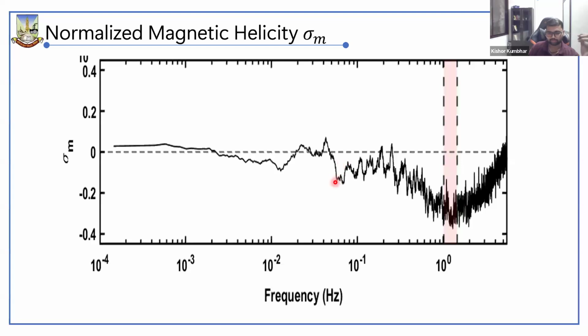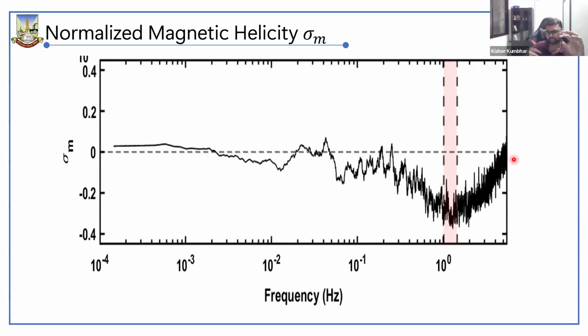On average, in the inertial range, the magnetic helicity is close to 0. However, as we move to the dissipative range, above 0.1 hertz, we see that the magnetic helicity makes a transition to the negative direction.